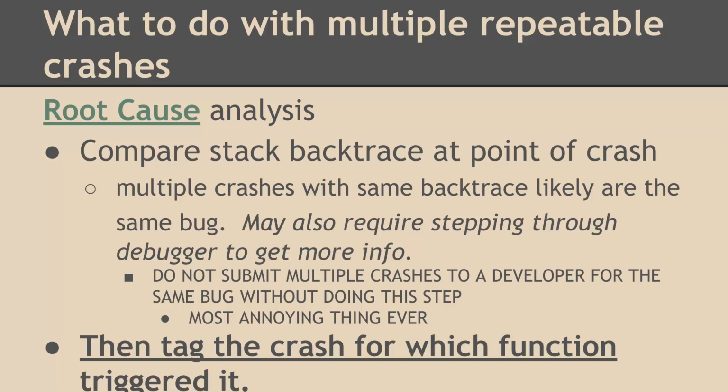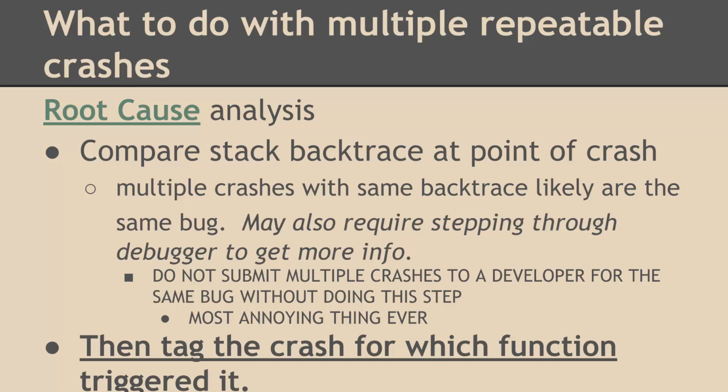Now, if the symbol information is stripped out, or if it is otherwise not available at the time of the crash, then it may require stepping through with a debugger to find out more information about the neighborhood of the code that it's crashing in, at least at the function level. You don't need to go down to the line within the function. But you absolutely need to go to at least this level.